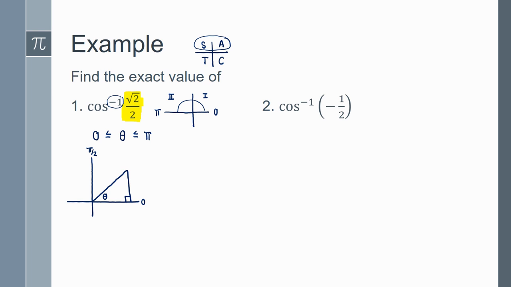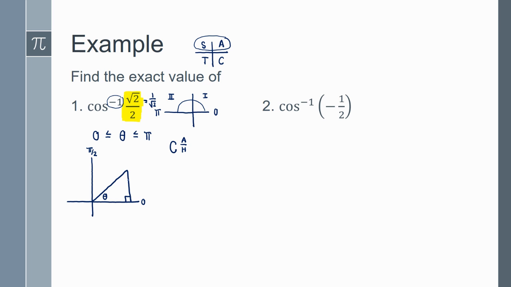All right, so once again, if I'm looking at a ratio with a square root of 2, well, that means that this has technically been rationalized. It's 1 over the square root of 2. Okay, so if we're thinking about this time SOHCAHTOA, cosine is adjacent over hypotenuse.